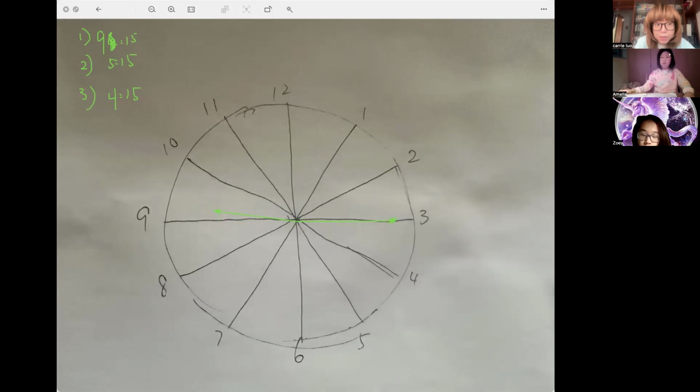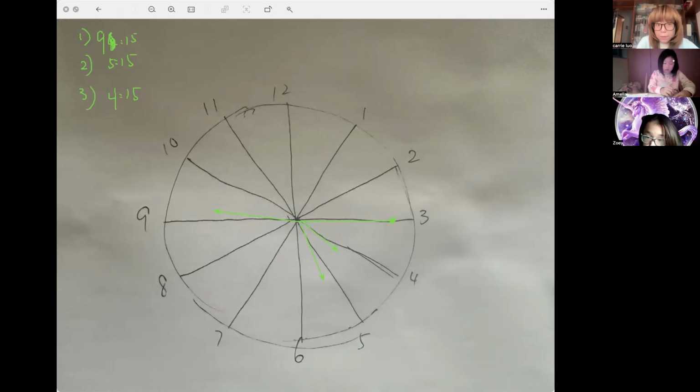The first one, 172.5. Very good. So 5:15. So 5 is here. So 15 is here. So it's just 30, 30, and 7.5. So 67.5. Very good. Last one, 37.5. Let's see if Zoe got it right or not. So 4:15. So this is 4, this is 15, 37.5.